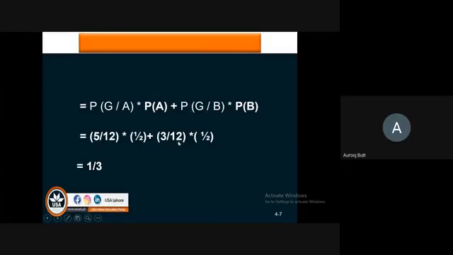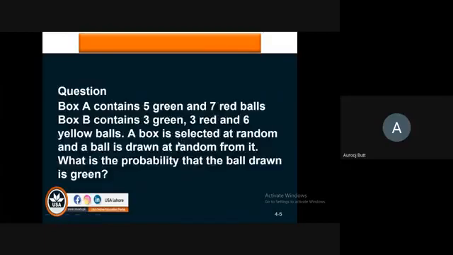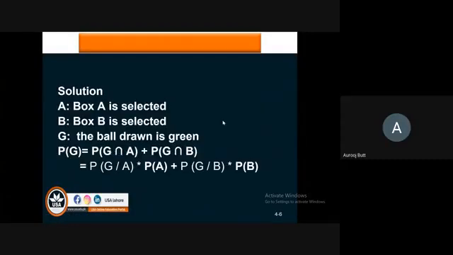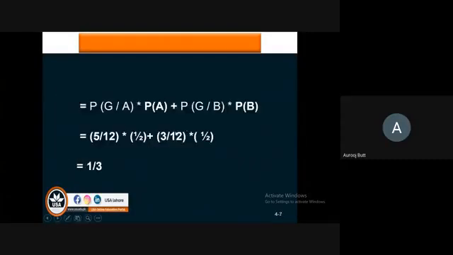So how many balls do you have in box B? Simply add all of those balls. That means you have 3 green, 3 red and 6 yellow balls. So 3 plus 3 plus 6 means you have a total of 12 balls in box B. The total number of sample points in box B is 12, and the ball selected is green in color.